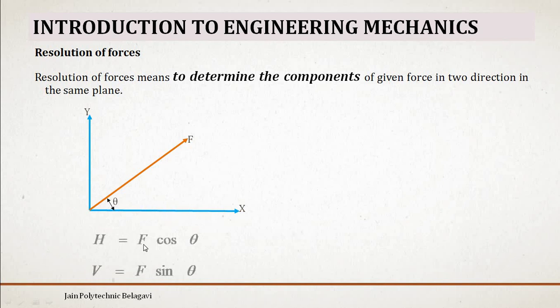So it is given by force into cos theta. How is it converted? It is horizontal divided by F, so the numerator will be H and the denominator will be F. Cos theta is equal to adjacent upon hypotenuse, so the hypotenuse is shifted to the right side and multiplied with cos theta. So F cos theta is the horizontal component, and V, the vertical component, is equal to F sin theta.